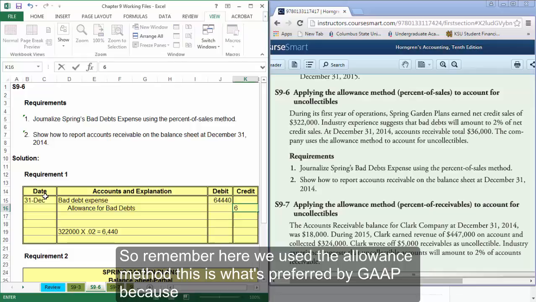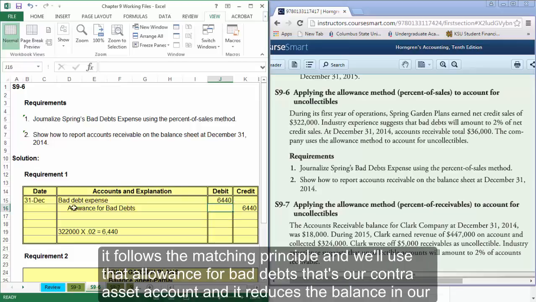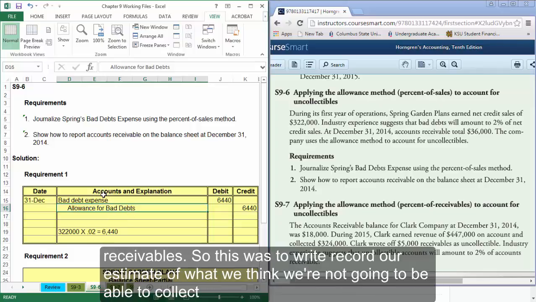Okay, so remember here, when we use the allowance method, this is what's preferred by GAAP because it follows the matching principle, and we'll use that allowance for bad debts. That's our contra asset account, and it reduces the balance in our receivables. Okay, so this was to record our estimate of what we think we're not going to be able to collect.